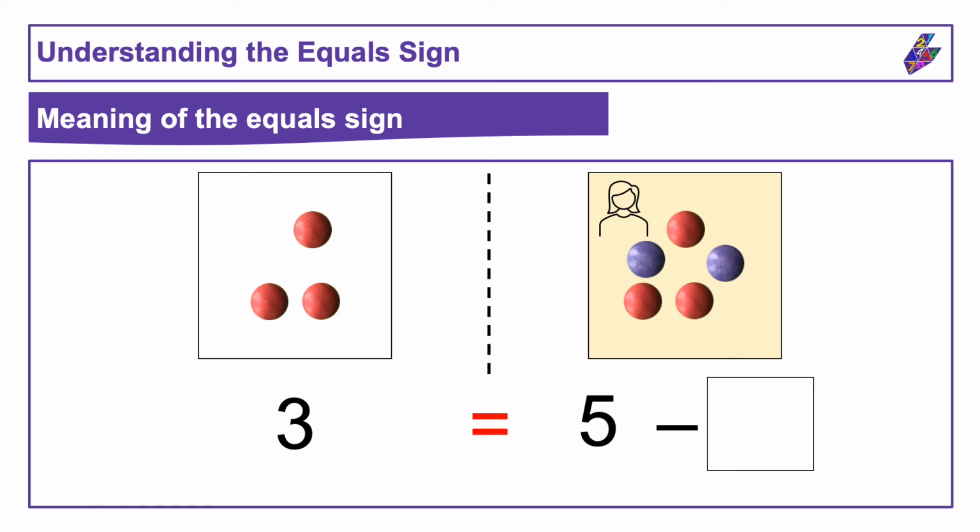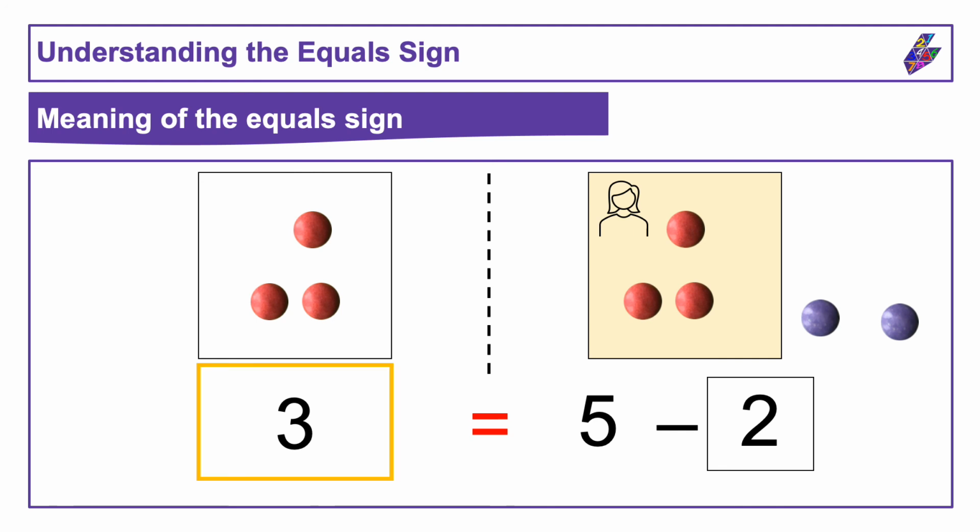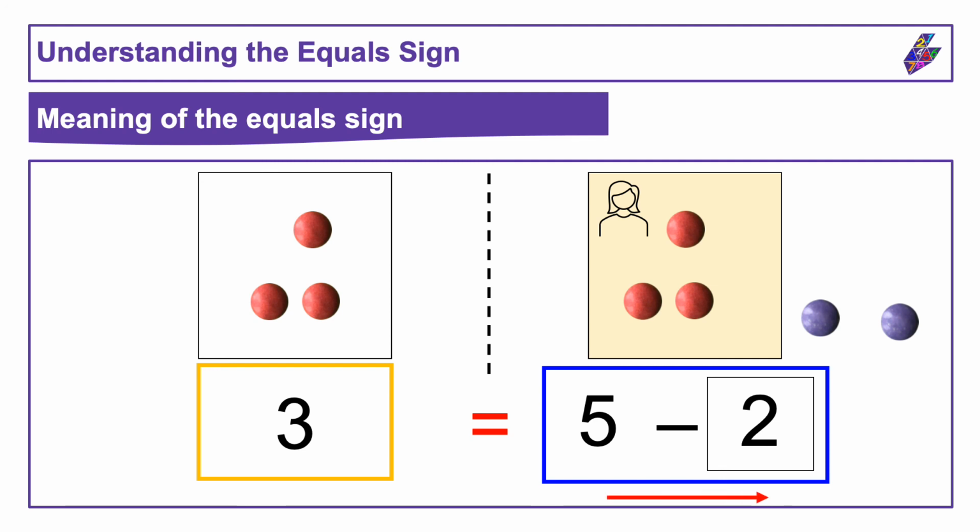You might be able to see that we need to subtract 2 Smarties from the 5 Ellie started with to make this equal to 3. So we can say that 3 is equal to 5 minus 2. The left-hand side of our equation has a value of 3, and the right-hand side needs to be the same value. 5 minus 2 is 3, so now the two sides of our equation are equal to one another. As we said before, it's important that we read this in this direction.